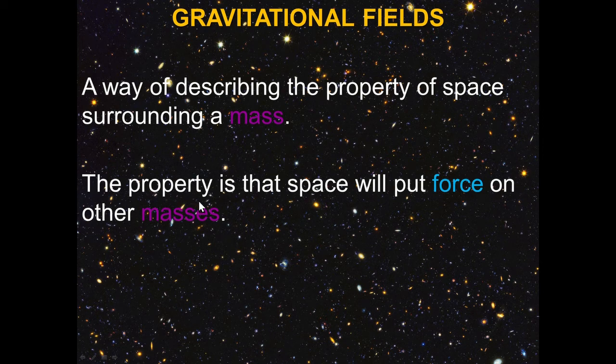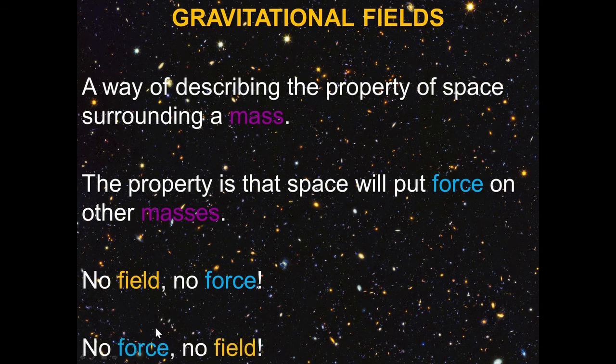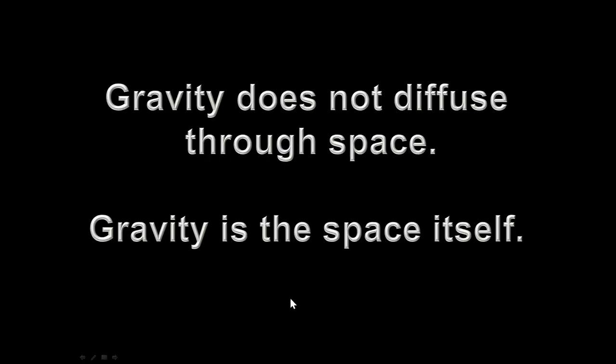So the property that we're talking about is that space will now put force on other masses. And so just kind of describing the relationship between a force and a field: if there's no gravitational field, there would be no force on masses. And conversely, if there were no force on masses, there would be no gravitational field.